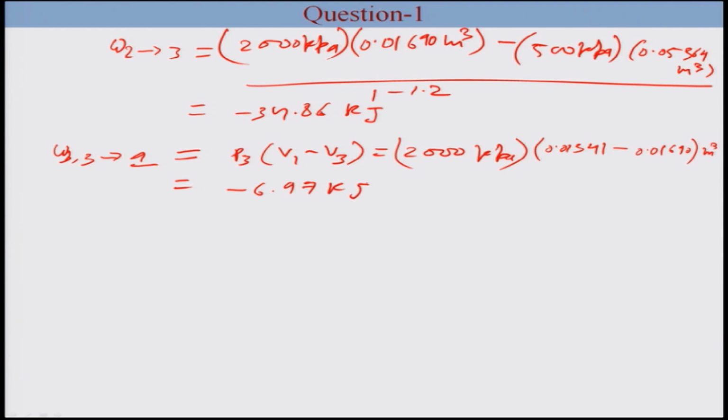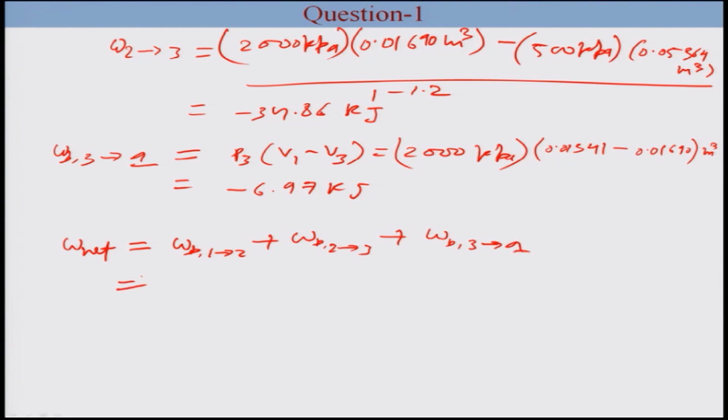Finally, we have to calculate the net work for the whole process. So the net work of the whole process will be the sum of the total work in each process. So W net will be W from the state 1 to state 2 plus work done from the state 2 to state 3 plus W from the state 3 to state 1.